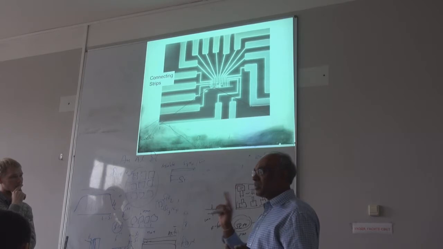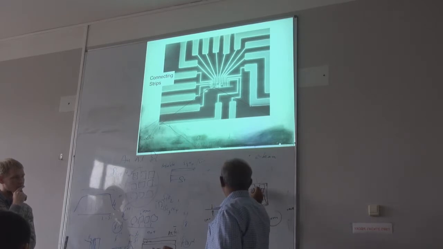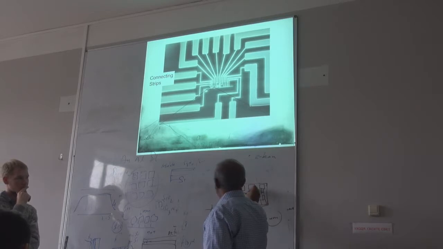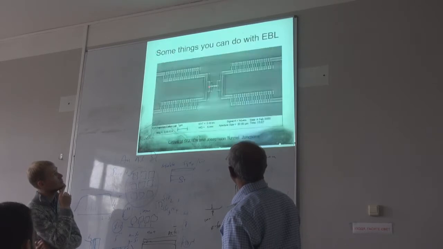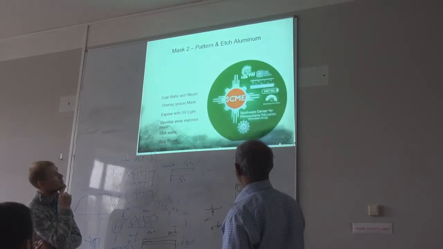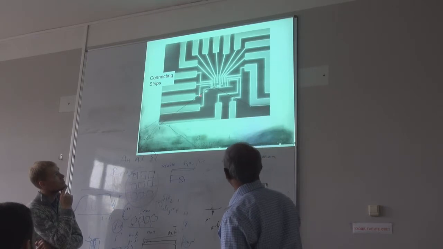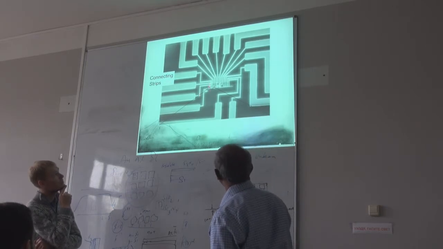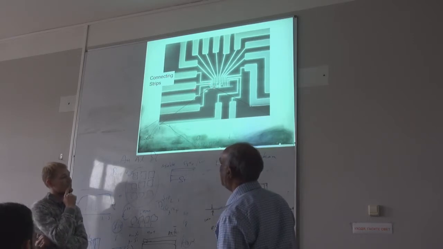But you have some idea, so you can write something along this one. Or suppose my nanotube is here, I can just write something connecting to this one or to that one.